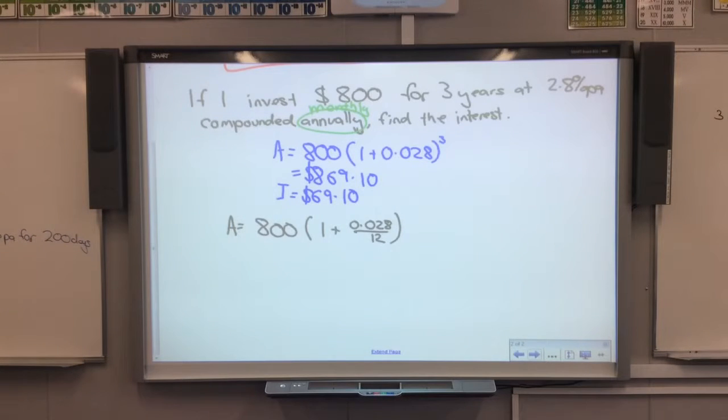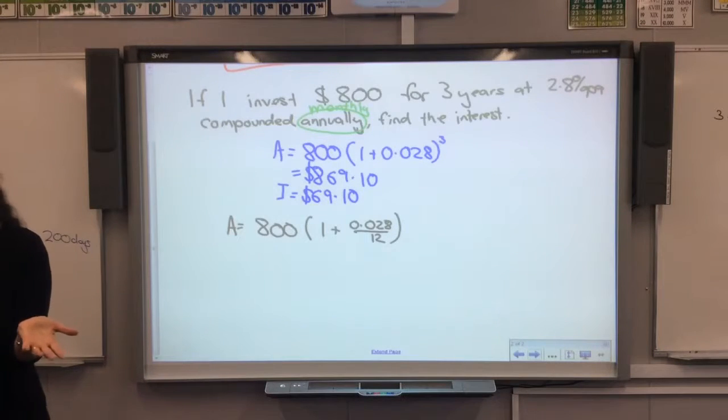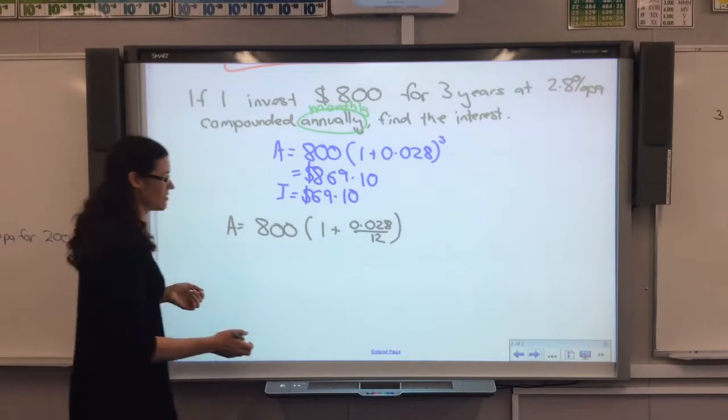Yep. What about N? What was N again? N is the number of periods, isn't it? So it's not the number of years anymore, it's the number of months. So if I had 3 years, 3 times 12, which is 36.